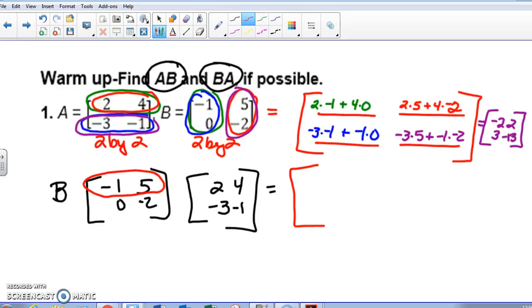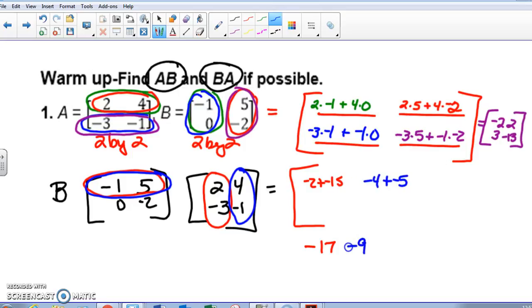This row times this column, let's see if we can do this without quite so much writing, would be -2 plus -15, or -17. Did anybody else get that? Okay. This row times the second column will be -4 plus -5 or -9.